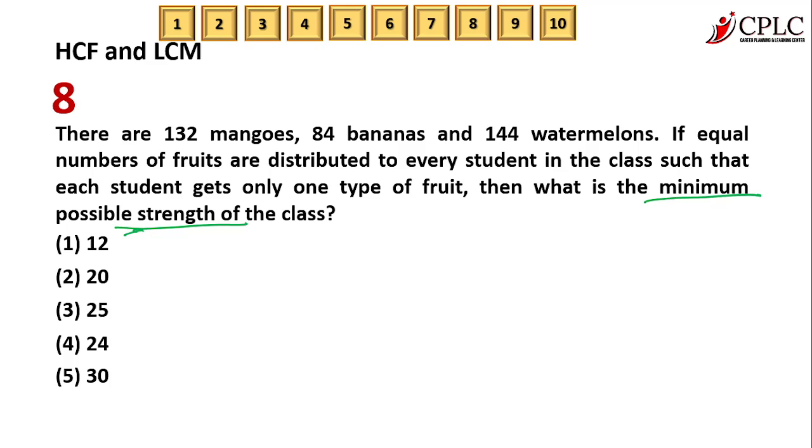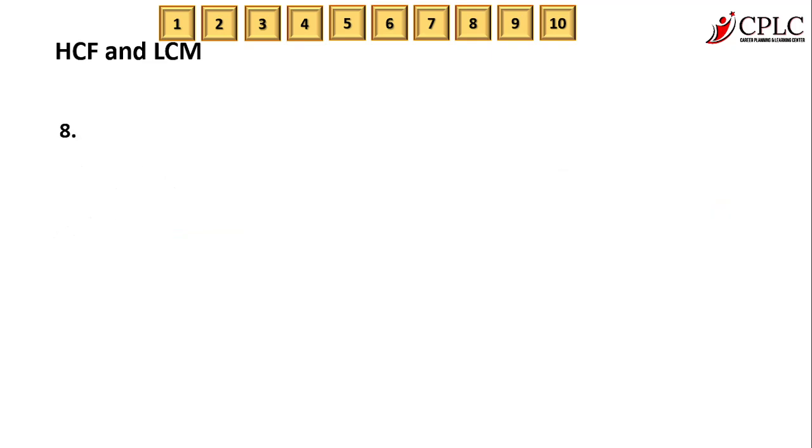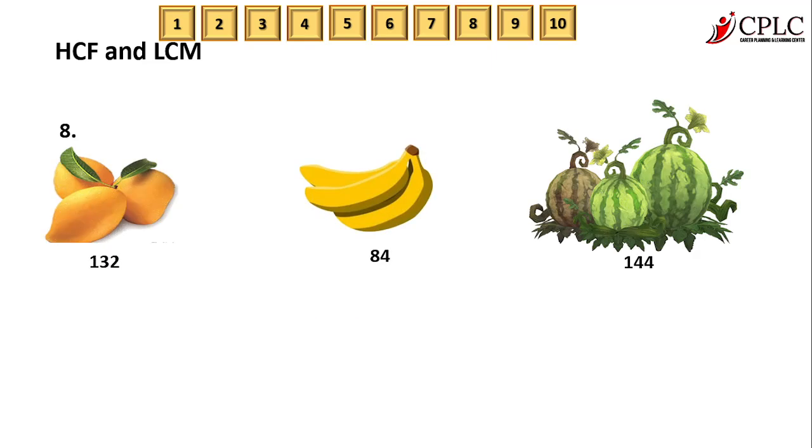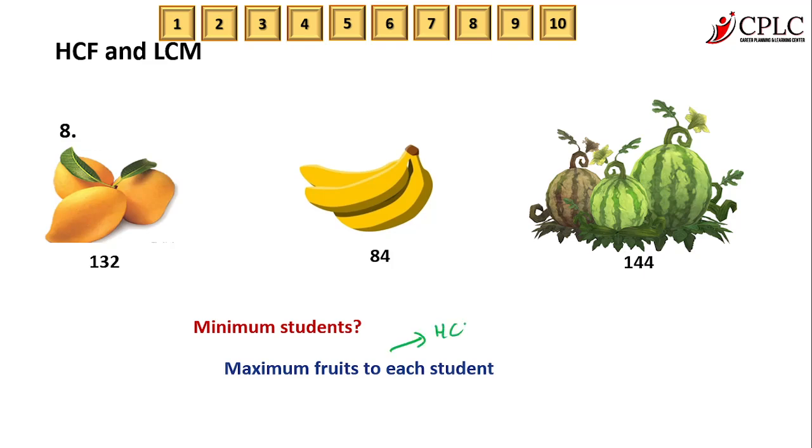So clearly, the opposite. If you need the minimum possible strength of the class, the distribution has to be as high as possible. And when we think of that, it clearly happens to be the HCF. And HCF of what? Clearly the HCF of the numbers 132, 84, and 144.